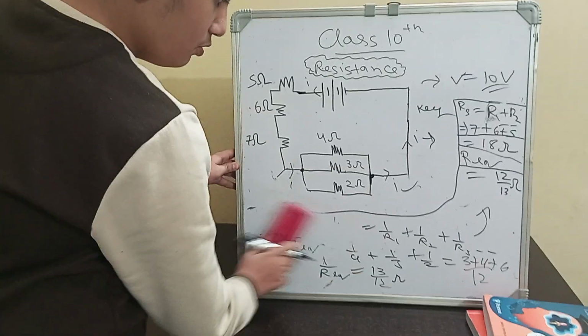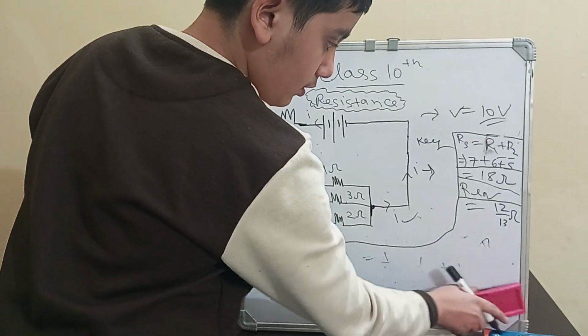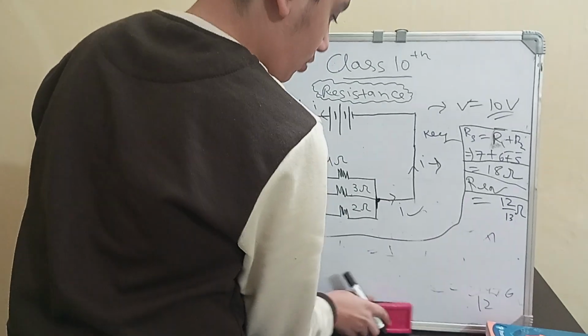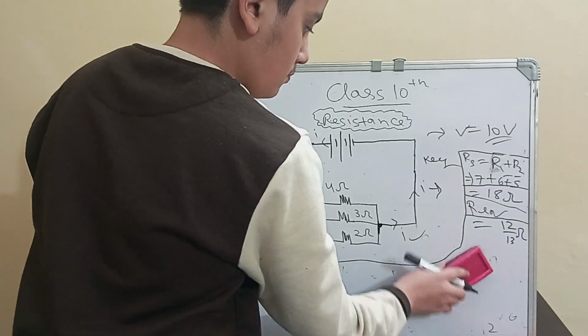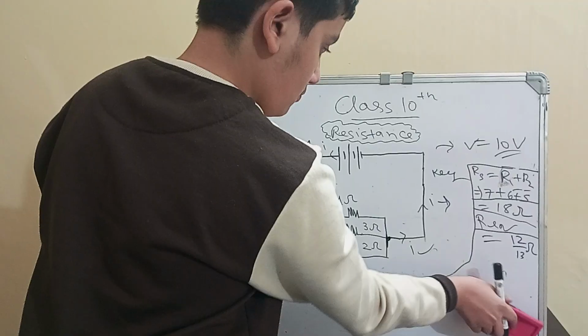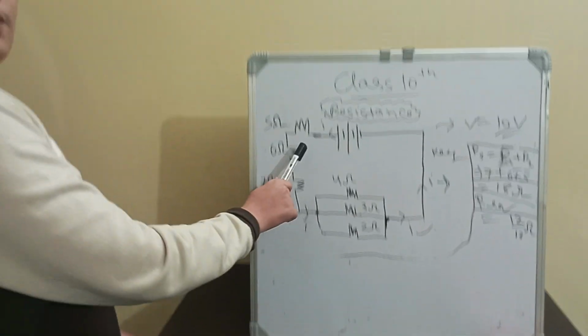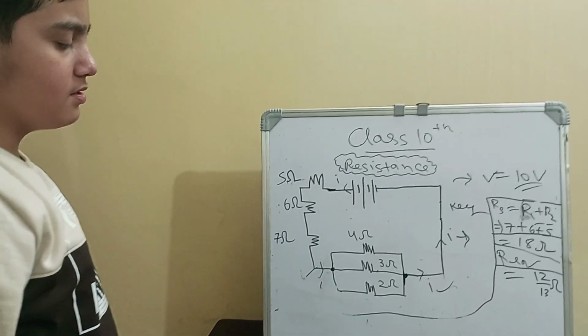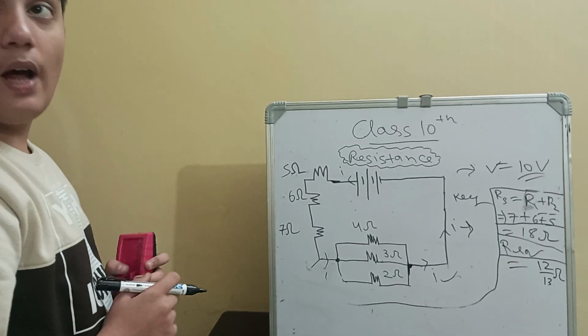Okay. You understood that? You can repeat the video to see how I calculated all of these. Now you will say, sir, we have the value of this parallel part, but we need the total resistance of the whole setup. How will we do that?